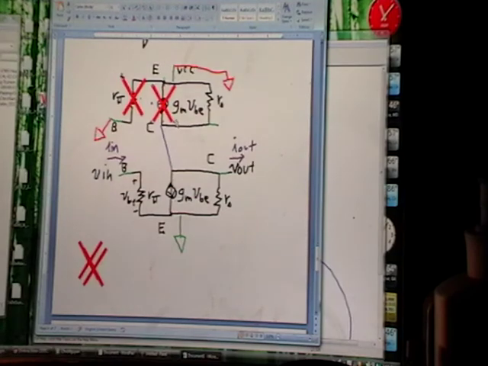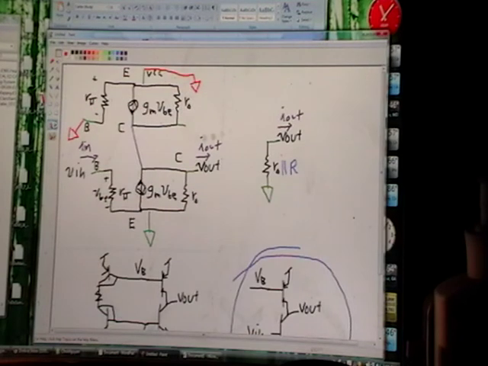Now let's see what we have left. The gm source right here and R pi go away. So let's see what happens when we get rid of those. Let's get rid of all of this, and R pi over here goes away.